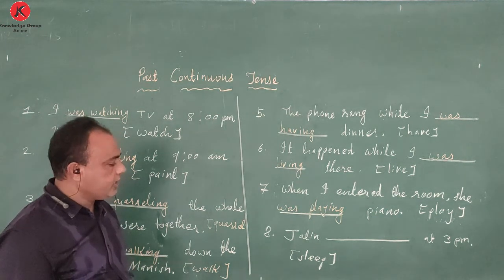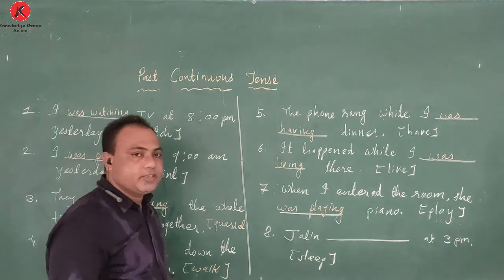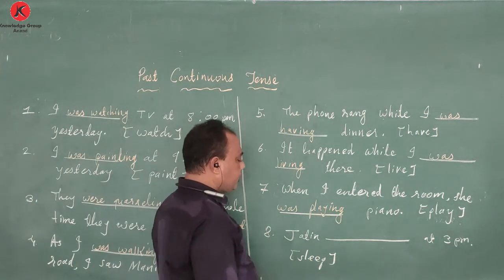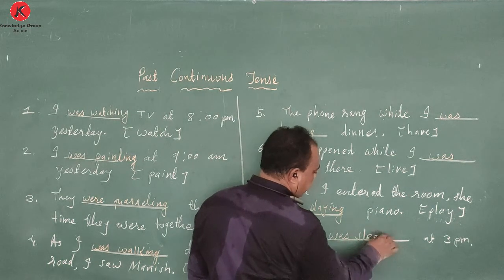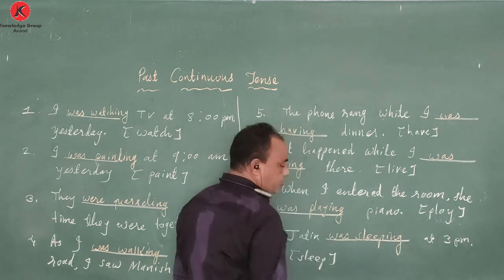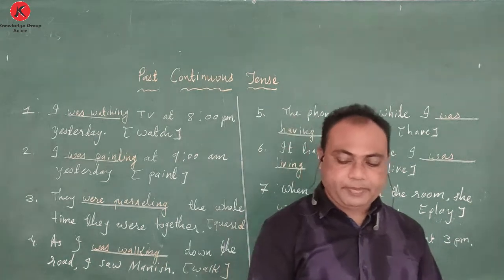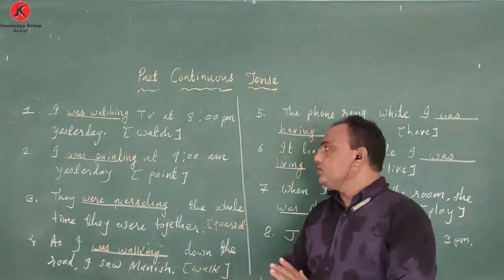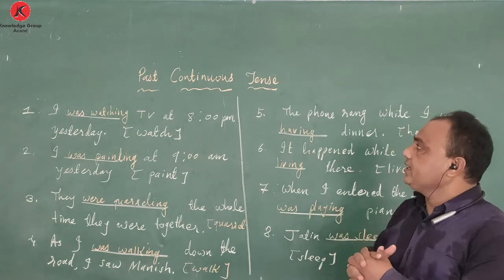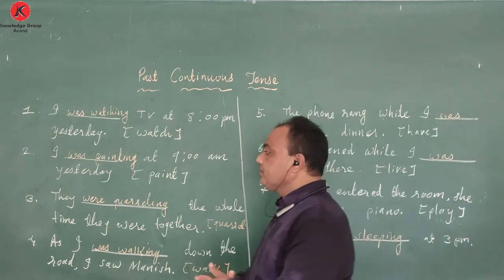Jatin dash at 3 p.m. What was Jatin doing at that particular time? The situation is given. Jatin was sleeping at 3 p.m. Okay, friends, this way we have shown the exercise related to the past continuous tense.